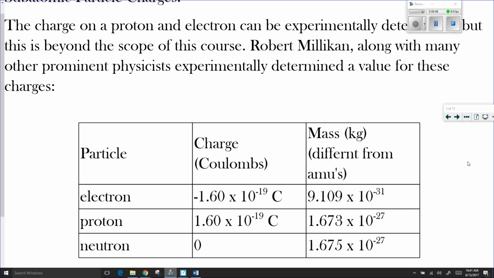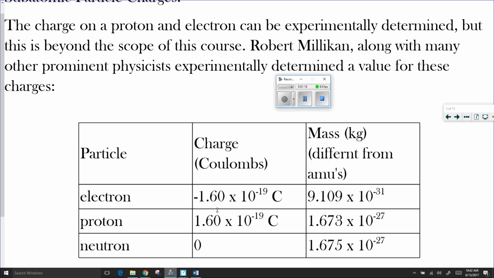Notice that the charge for the proton and the electron are identical but have different signs, because the electron is negative and a proton is positive. So the electron and proton have the same magnitude of charge at 1.60 times 10 to the negative 19th coulombs. However, the electron is negative, and the proton is positive. Neutrons are neutral like Switzerland, so neutrons have no charge.